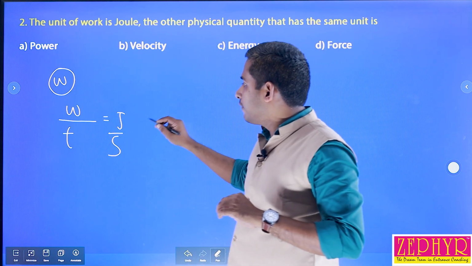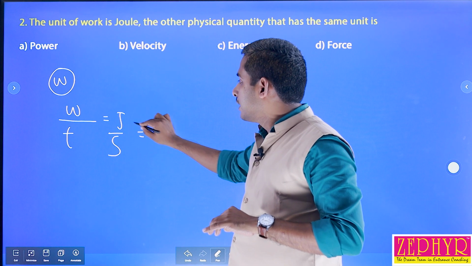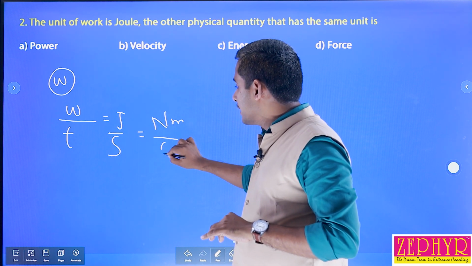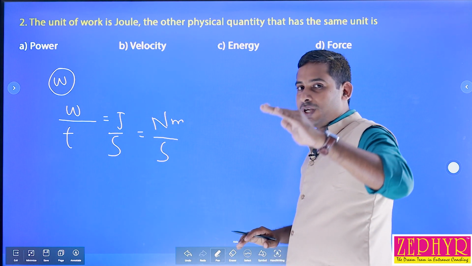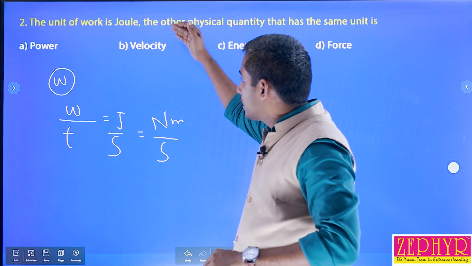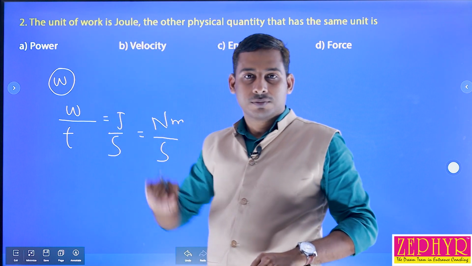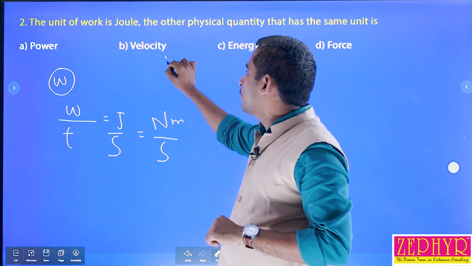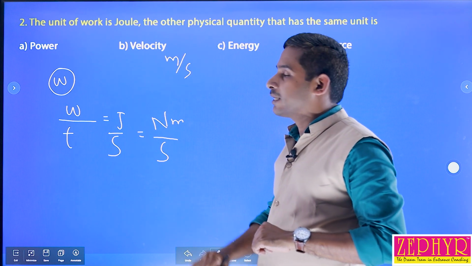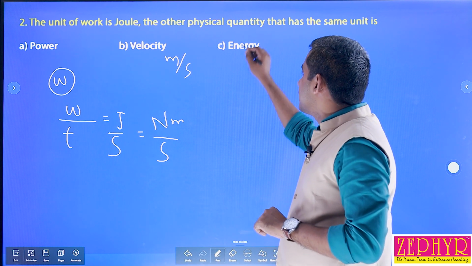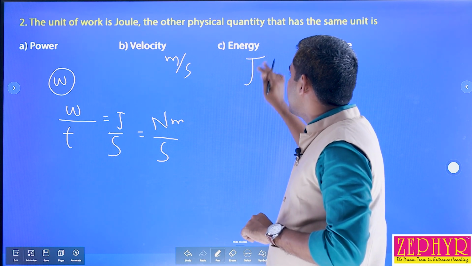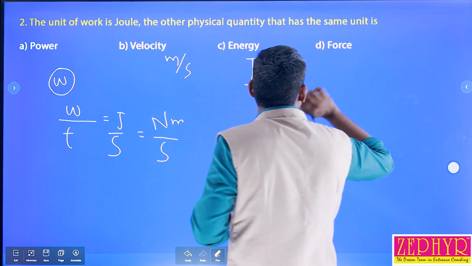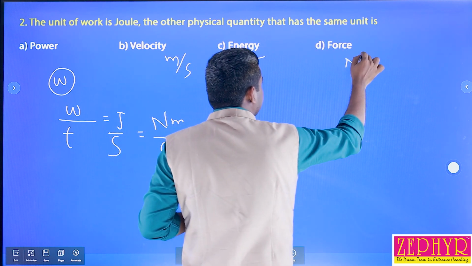Am I correct? Then one more concept, the joule is equivalent to Newton meter. When we consider the second physical quantity, velocity, all of you listen here, dear students, its SI unit is meter per second. The SI unit of energy is joule. Am I correct? The SI unit of force is Newton.